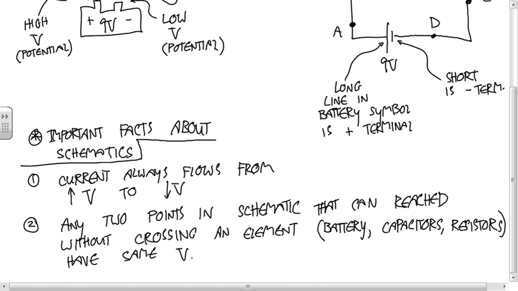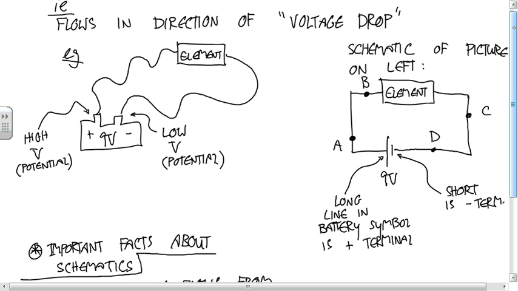So in other words, look at A and B, okay? The points A and B. You can go from A to B if you go this way, then you go through 2 circuit elements, right? But you can go the other way. There is a path you can choose where you can get from one to the other without passing an element, just going across the wire. And that means that A and B have the same electric potential, okay?